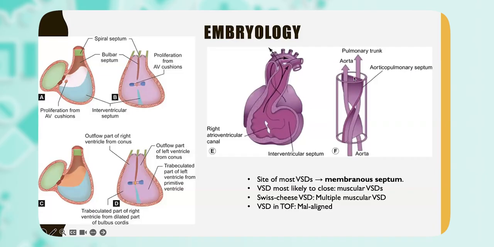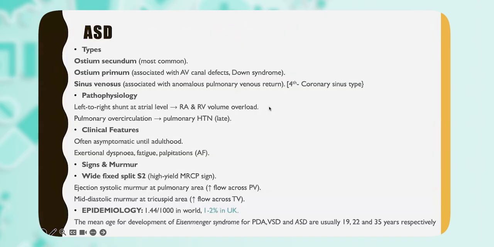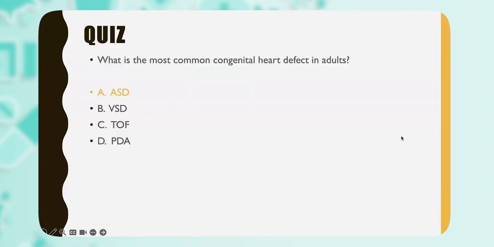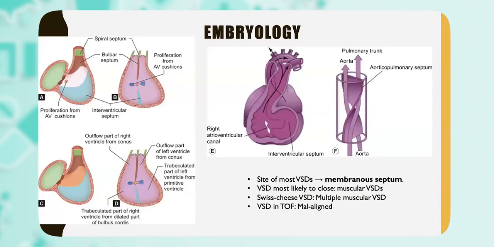This again is complicated because this is called the spiral septum. The spiral septum divides the truncus arteriosus and aortic sac, we talked about that. So the division of the truncus arteriosus occurs in a spiral manner. There is twisting of these vessels while this septum is developing.